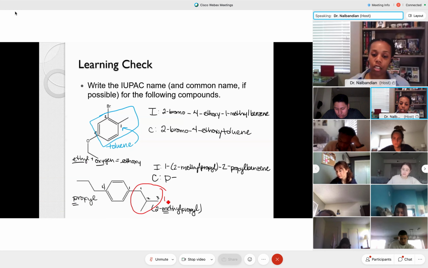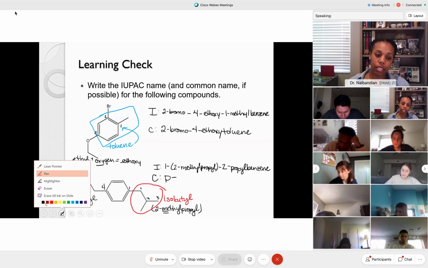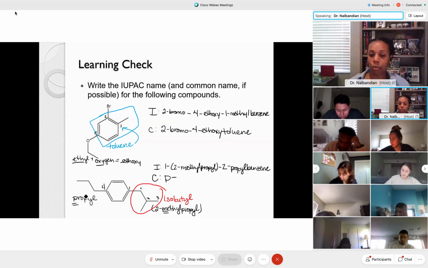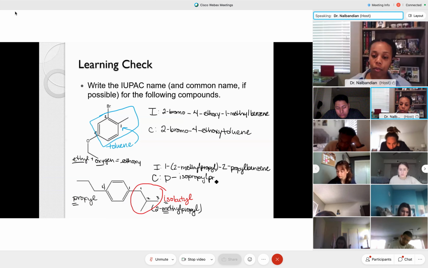So this is called an isobutyl. 4 carbons, and it looks like isopropyl, where it has that V on the end. For that, I is alphabetical order. So isobutyl, isopropyl, benzene.